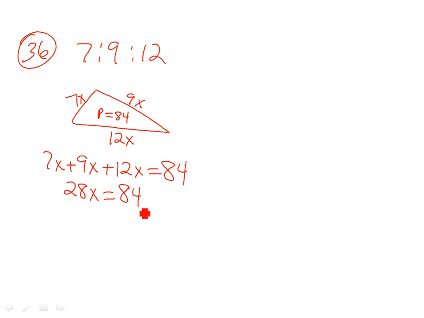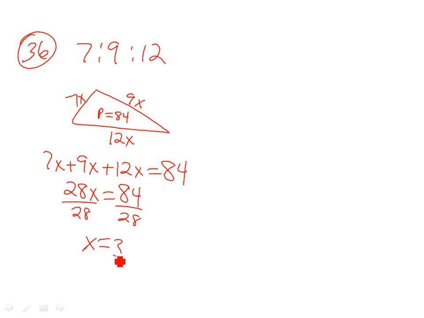Then divide by 28. Divide by 28. X equals 3. X equals 3. Everybody agree with that? Yes, no, maybe? Yes. Is that our answer? No. You have to find each side. Graham, do you not agree with that? Got it? All right. Now, what do you do with the X?